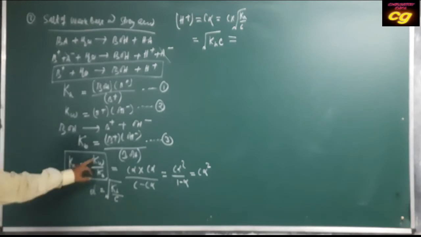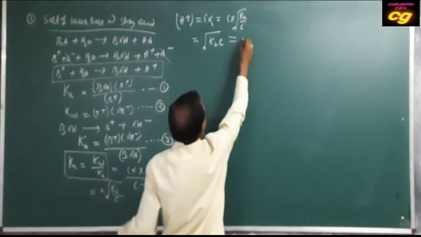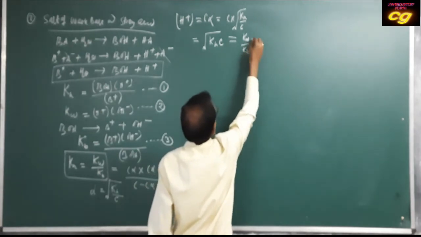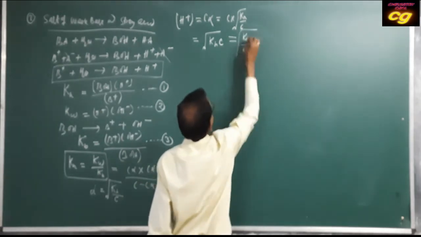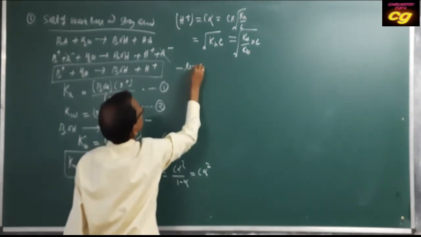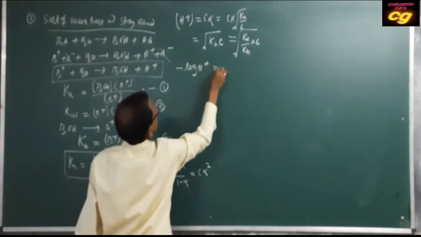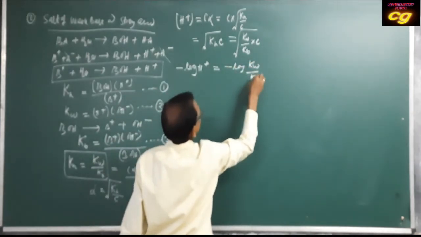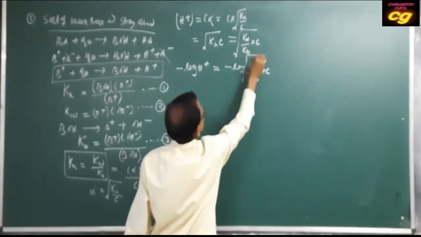Kh is equal to Kw by Kb, so that is Kw by Kb into C, square root. So this is your H plus. If you multiply by minus log to calculate pH, pH is equal to minus log of Kw by Kb into C, square root.